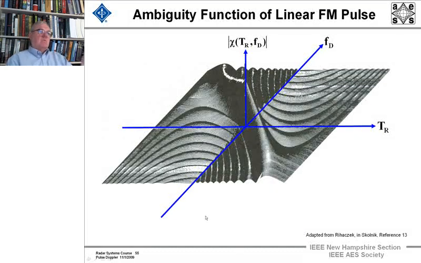And here is a more mosaicked form of a linear frequency modulated pulse. Gus Rihaczek wrote a book on ambiguity functions and high resolution radars and waveforms almost 40 years ago.